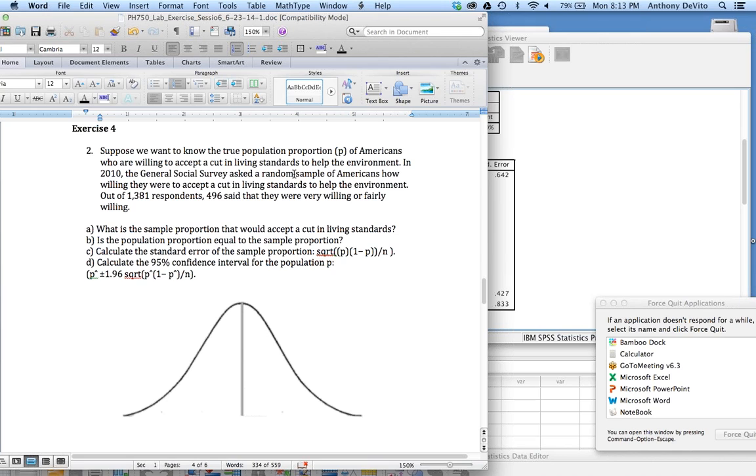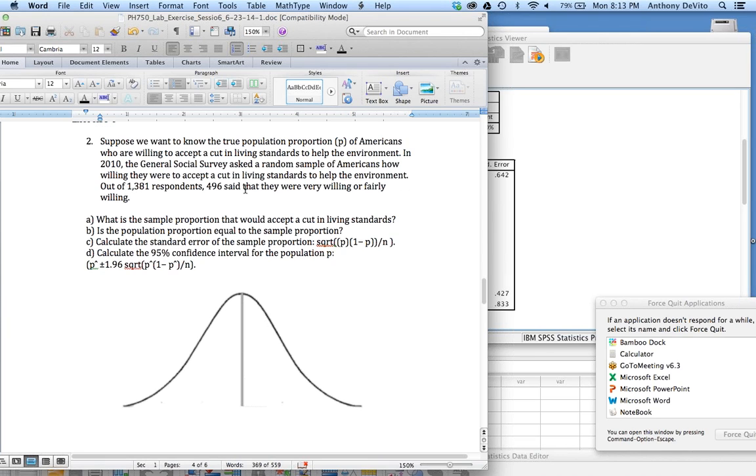The general survey asked a random sample of Americans how willing they were to accept a cut in living standards to help the environment. Out of 1,381 respondents, 496 said that they were very or fairly willing to accept a cut in living standards. 496 out of 1,381. What is the sample proportion that would accept a cut in living standards?